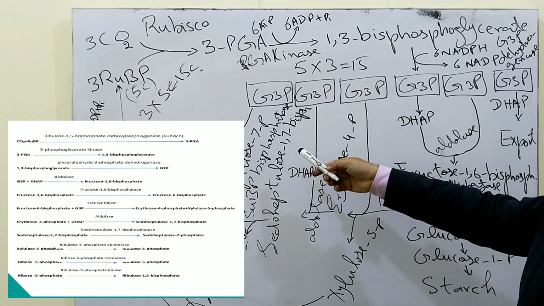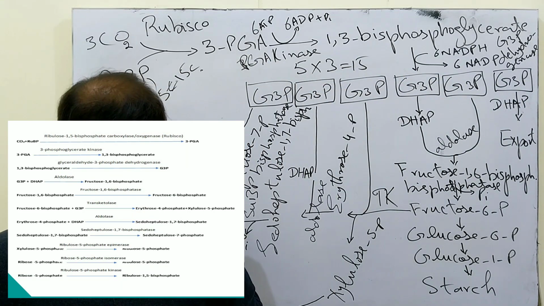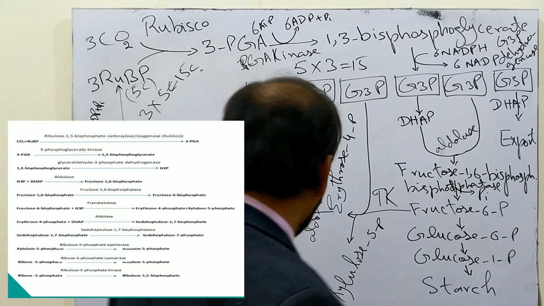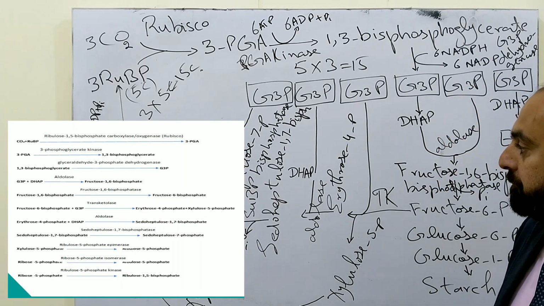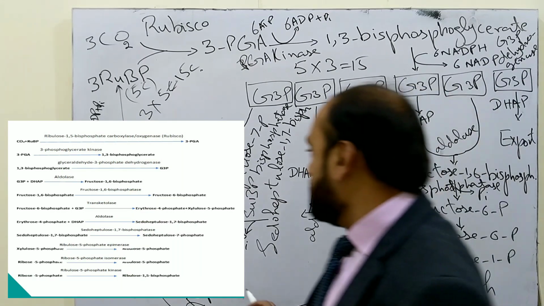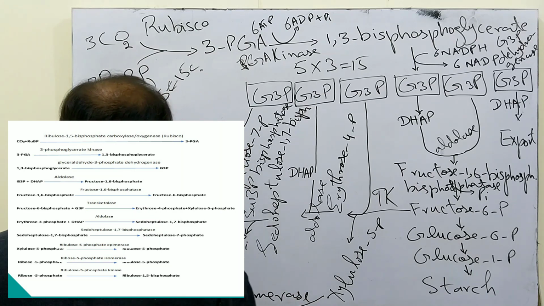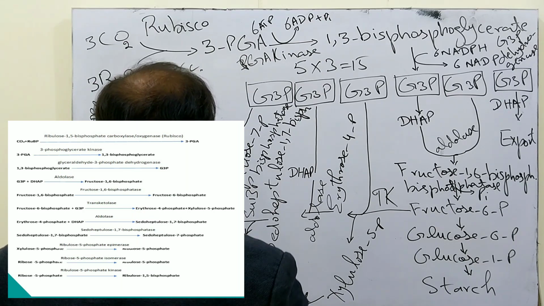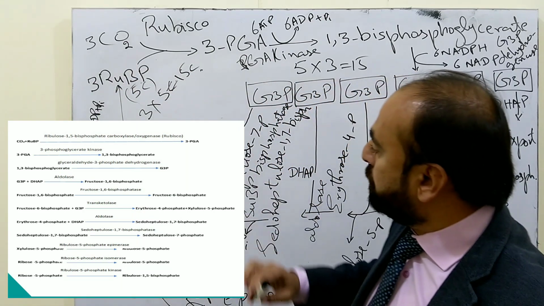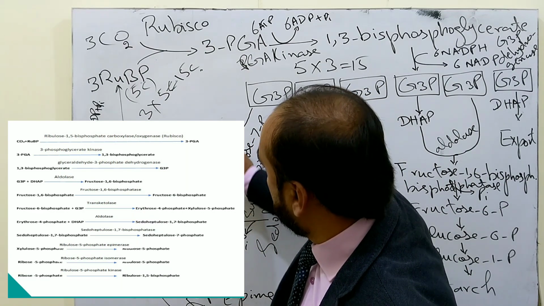Here the transketolase enzyme is involved again. And for conversion of xylulose 5-phosphate to ribulose 5-phosphate, the epimerase enzyme is involved, that is ribulose 5-phosphate epimerase, and for conversion of ribose 5-phosphate to ribulose 5-phosphate, the isomerase enzyme is involved.